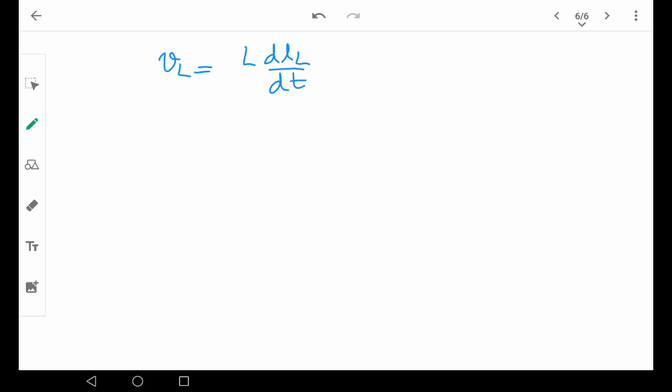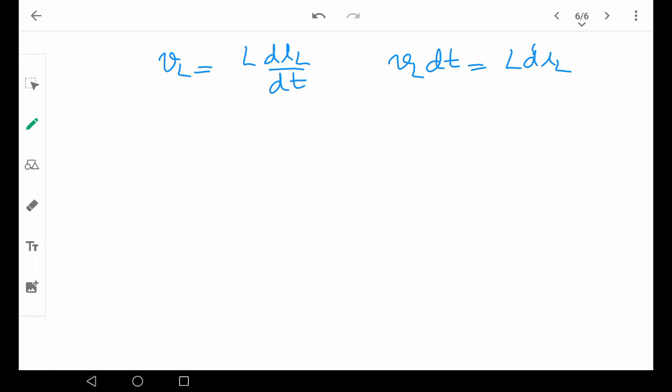From that, you can see that you can write VL dt equal to L diL, right?